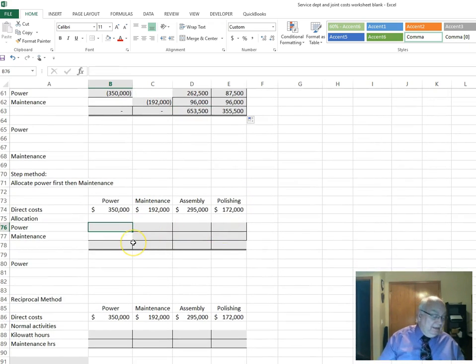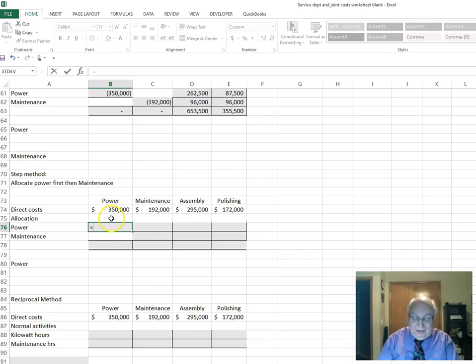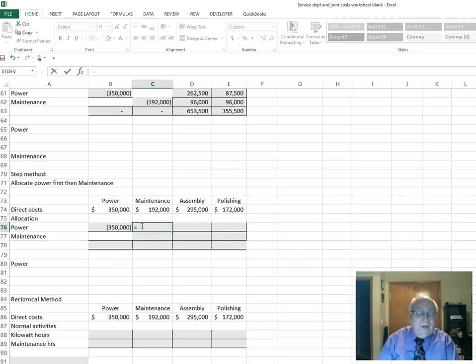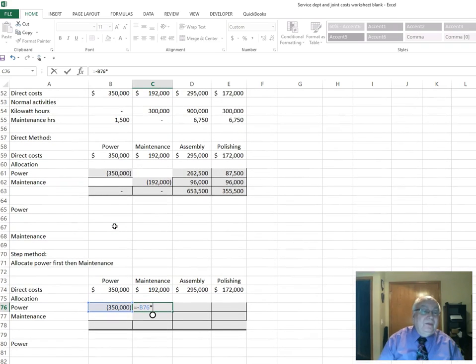The step method. What we'll do in the step method is we allocate power into all three departments first, then the maintenance into the assembly department. We step our way across. So the entire 350,000 will be allocated. Now the maintenance department will be equal to, and I'll put a minus there because I want a positive number, the 350 times, okay, we come up here for the maintenance.